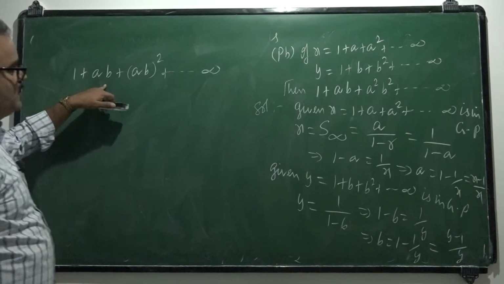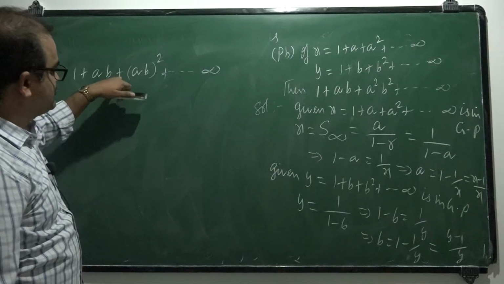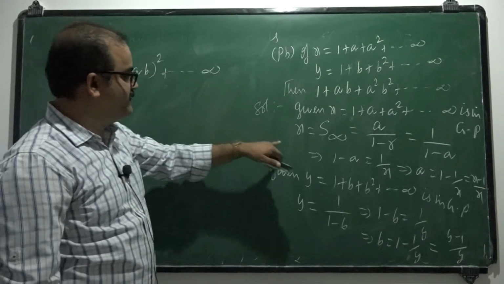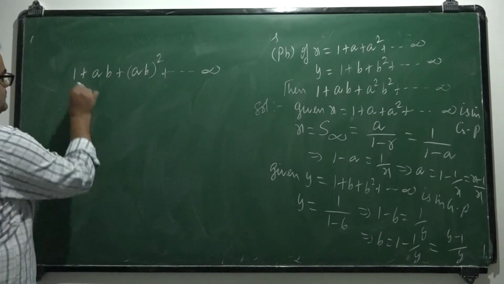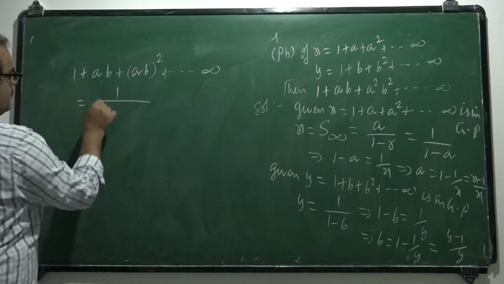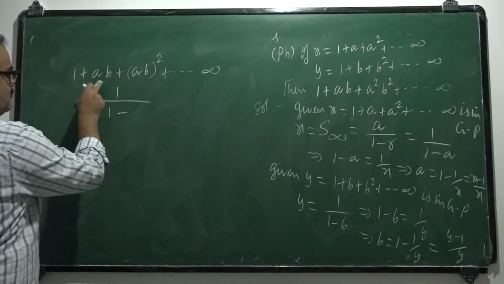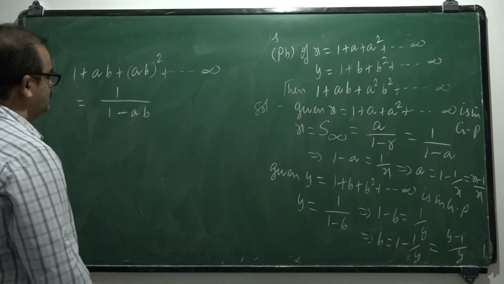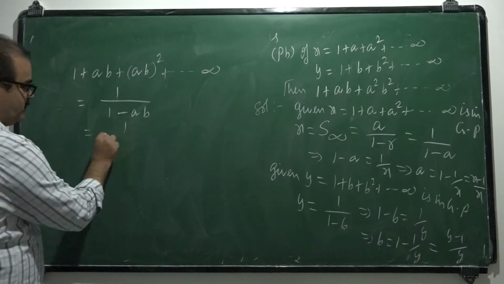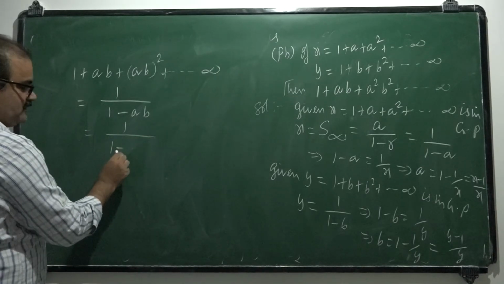We know the formula. What is the sum of infinite terms in GP? S infinity is a by 1 minus r. What is a? 1 by 1 minus r. What is the common ratio here? A into B.